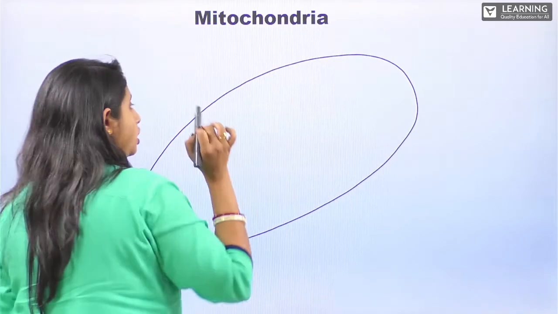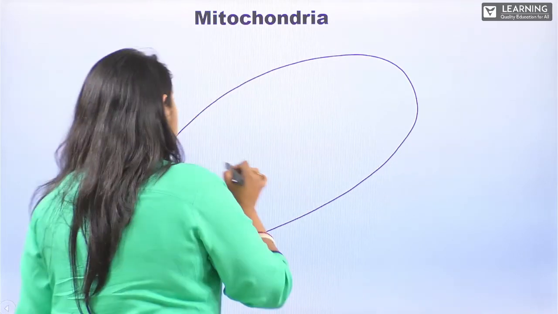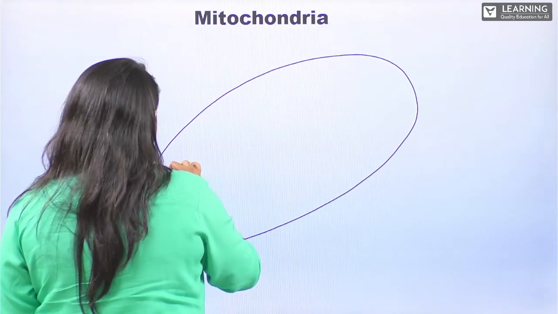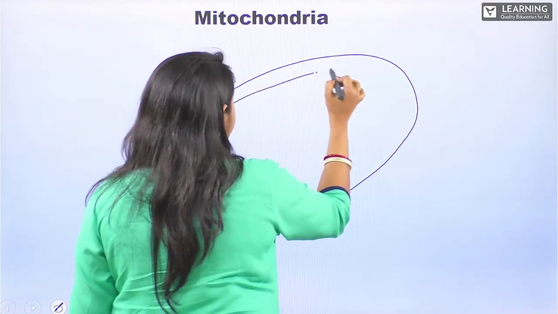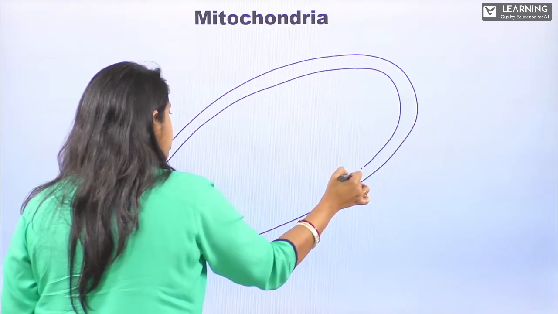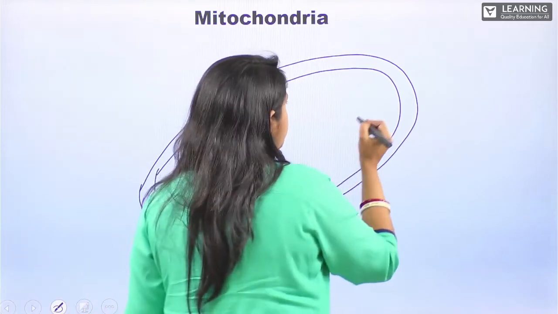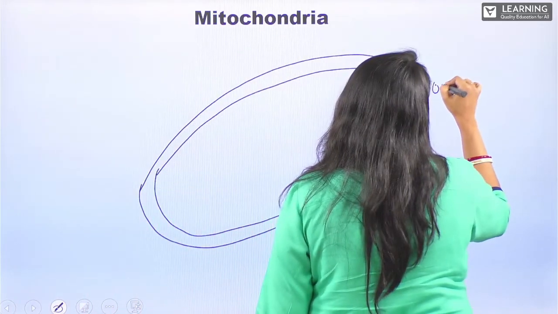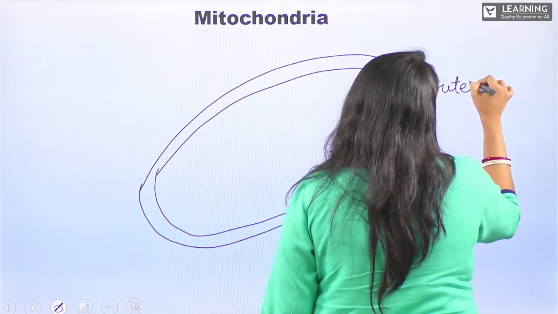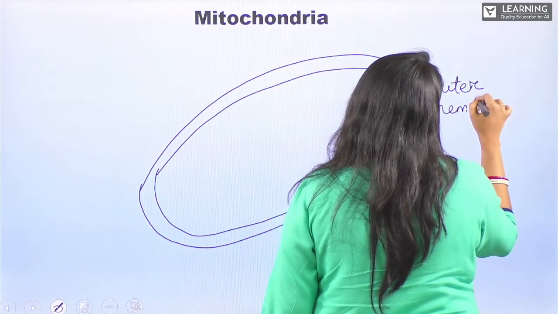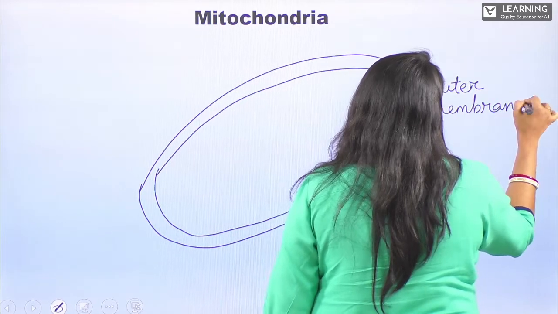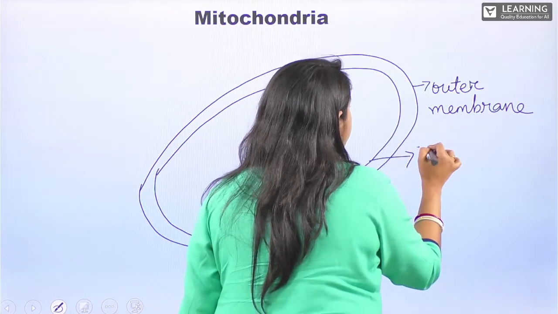So it has two membranes, right? One is the outer membrane. This one is the outer membrane, right? This one is the inner membrane.